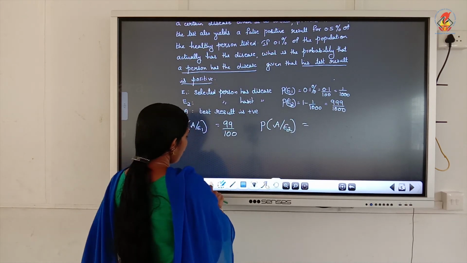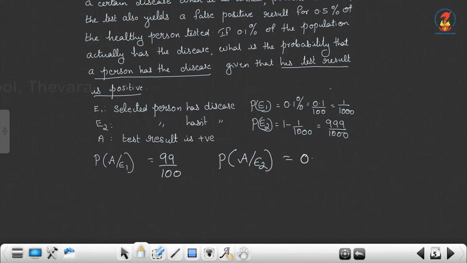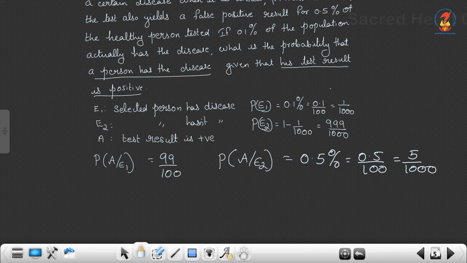So 0.5 percentage, or we can write 0.5 by 100, or it is 5 by 1000.